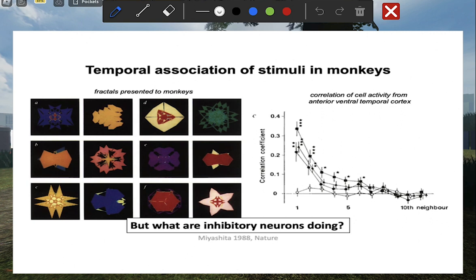What he did was show the monkeys one of the fractals, for example those in the left column here, and then these ones in the third column. He was asking the monkeys to predict something like, what's the next one? He was doing these in pairs, in order.